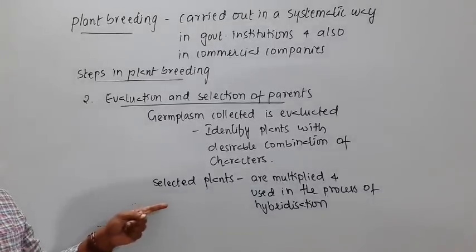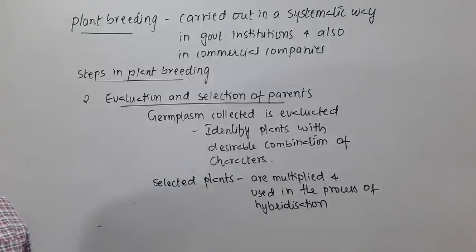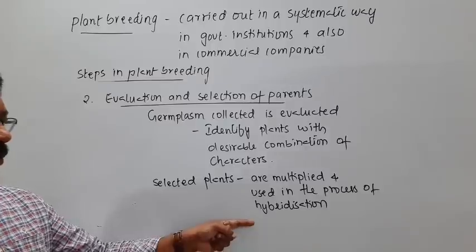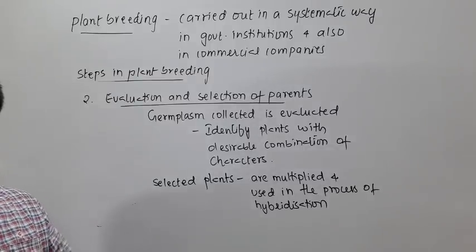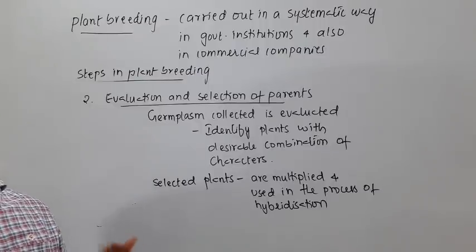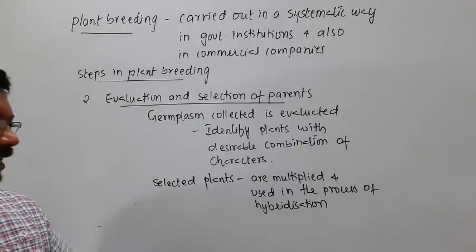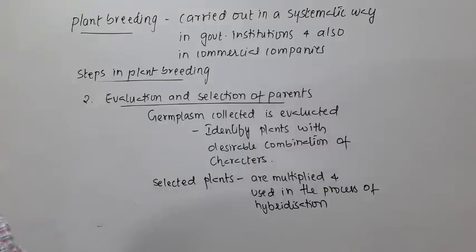The selected plants are multiplied, meaning increased in number, and once we produce them in many numbers, we use them in the process of hybridization. We know hybridization is the transfer of pollen grains from one plant to another. If we do it ourselves, it becomes artificial hybridization.